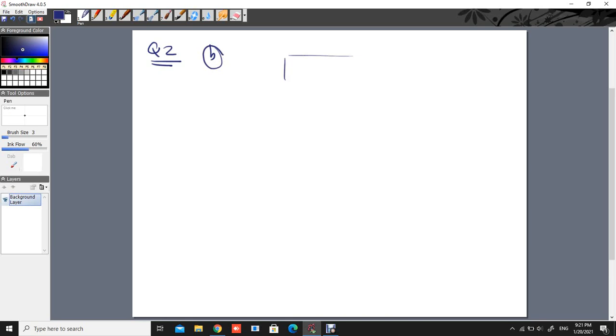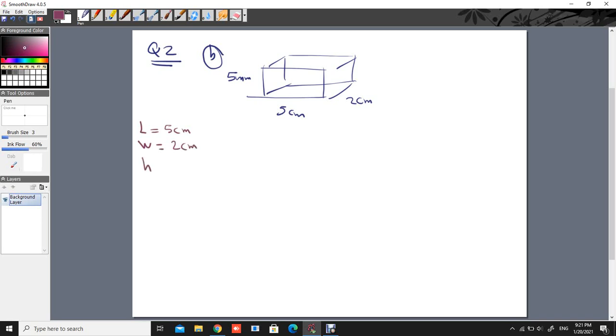Now on B, this is 5 centimeter, this is 2 centimeter, and the height 5 millimeter. So you have to convert each centimeter to millimeter.